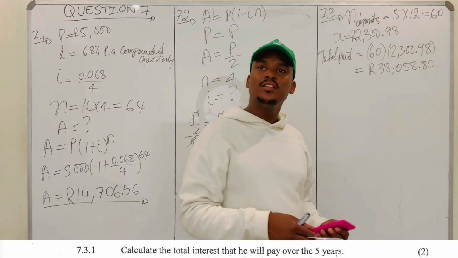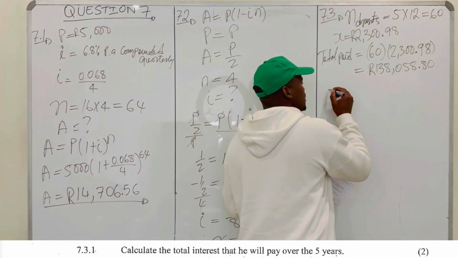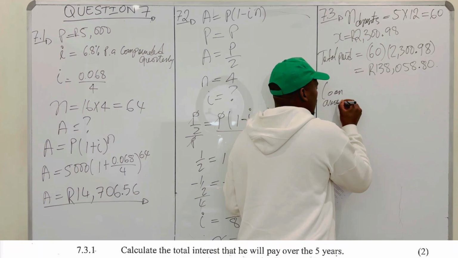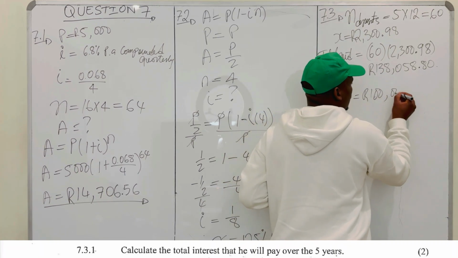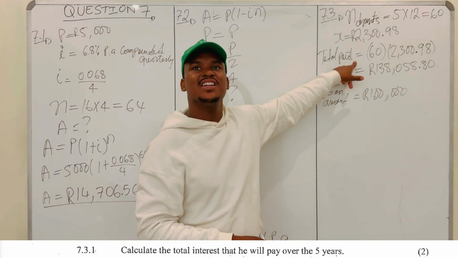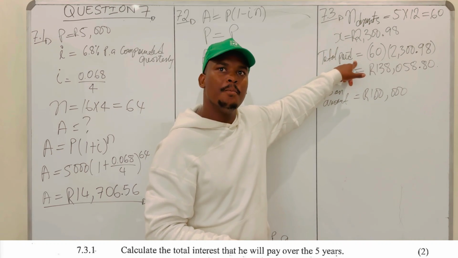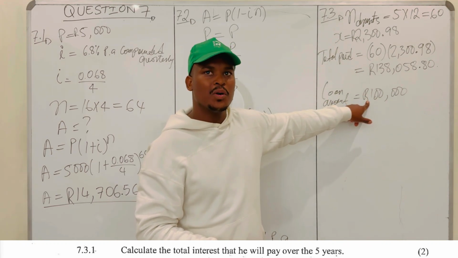So you know that the initial loan amount was 100,000. If you want to know the interest, it should be the difference between the total amount paid back to the bank minus the amount that he borrowed.